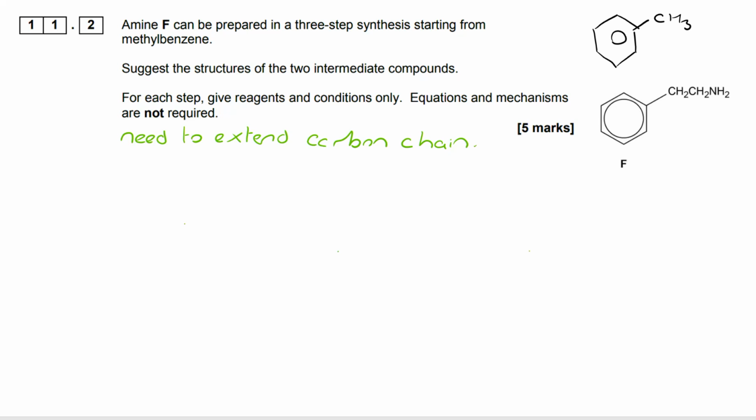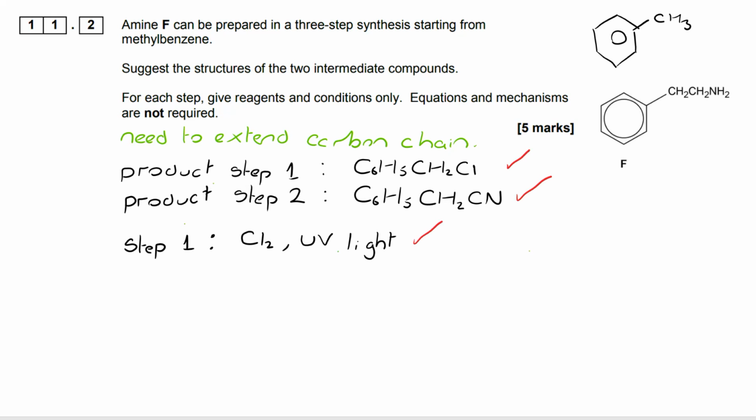Now, the first thing that you need to consider here is that there must be an extension of the carbon chain. So that is hopefully making you see that we are at some point going to have to use a nitrile group. Now, my product of step 1 is going to be a haloalkane. I need to make the haloalkane so that I can make my nitrile.